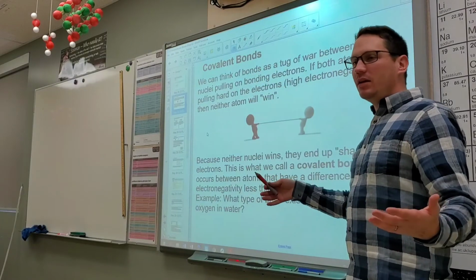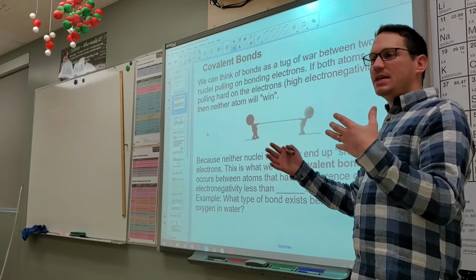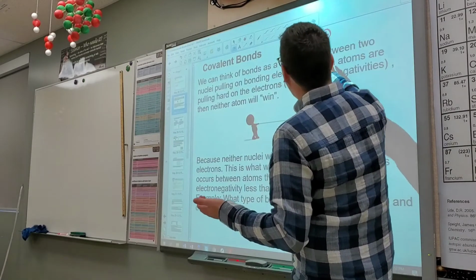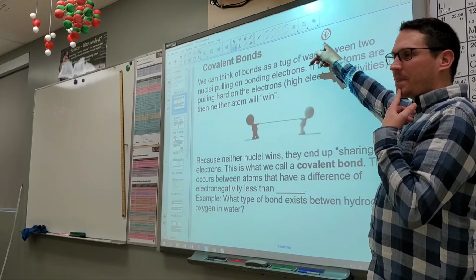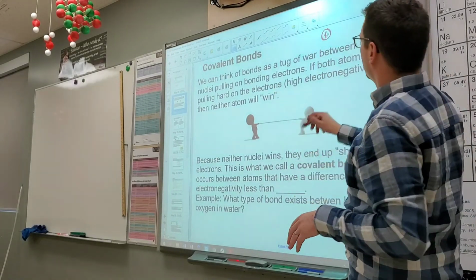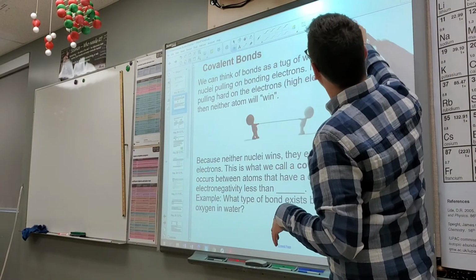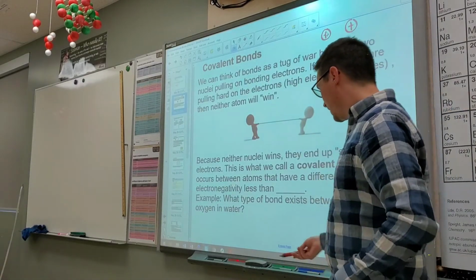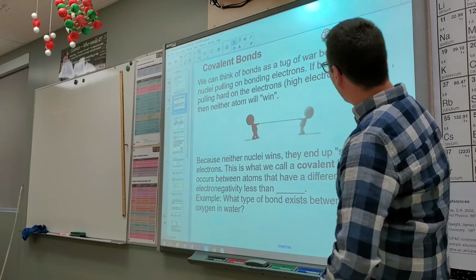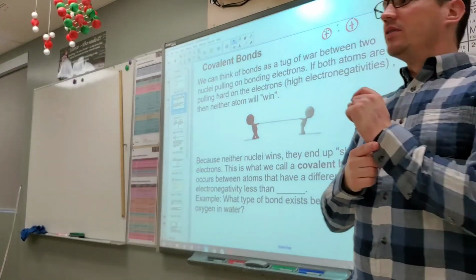Every bond exists between two atoms. And so there's an atom over here, there's an atom over here, and the nucleus of the atom is positively charged. There's another atom over here. The nucleus of that atom is positively charged. And there's two electrons in between them.